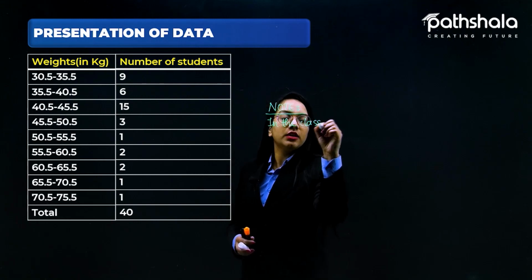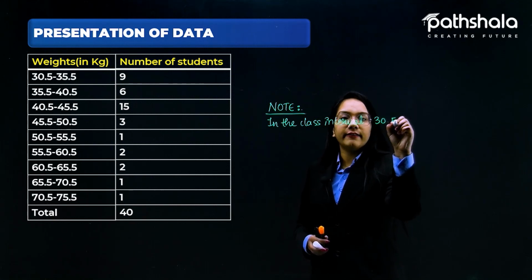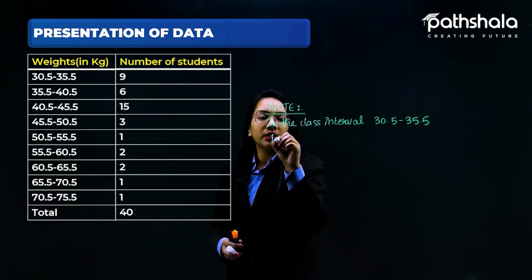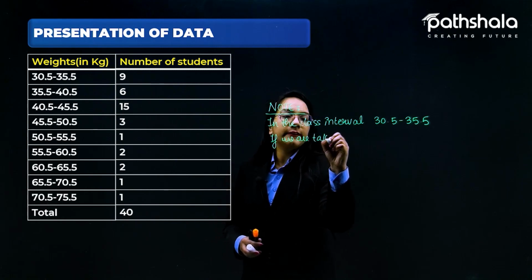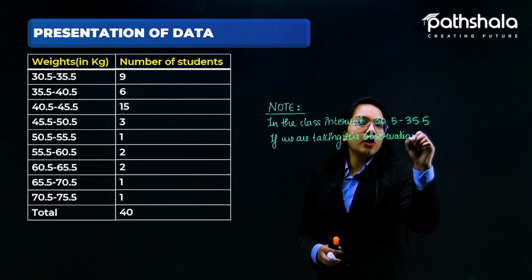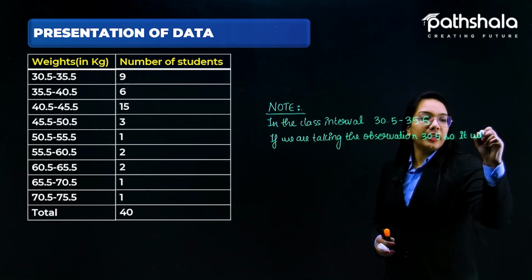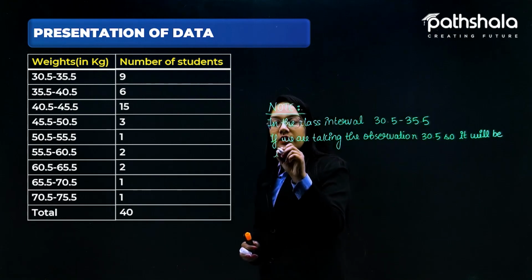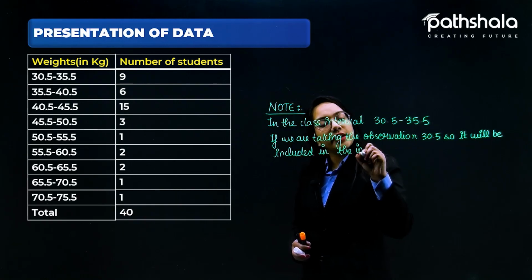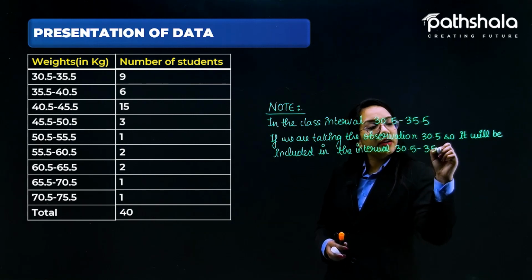In the class interval 30.5 to 35.5, if we take the observation 30.5, it will be included in the interval 30.5 to 35.5.